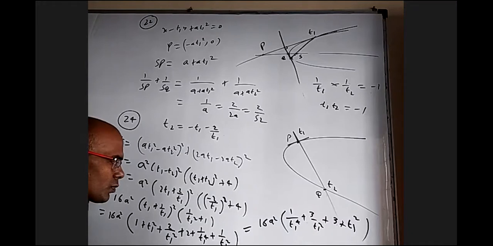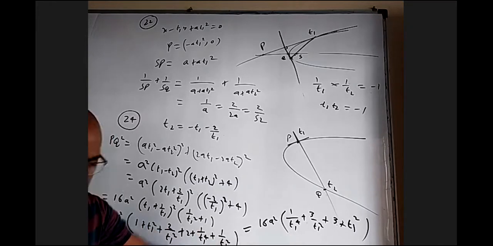When T1 squared is 2, this will be 1 by 4, 3 by 2 plus 3 plus 2. Okay, let me differentiate this and see what will come.